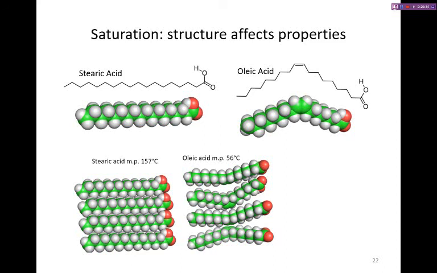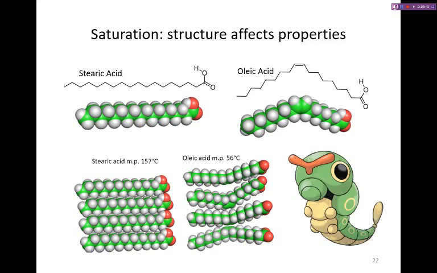Those aren't going to interact as well. And maybe some of you, as you're looking at this, if you're Pokemon fans, you maybe see that Caterpie in there. But the point here is that the structure affects the properties. And we're going to get more into depth into those forces in Chapter 11.